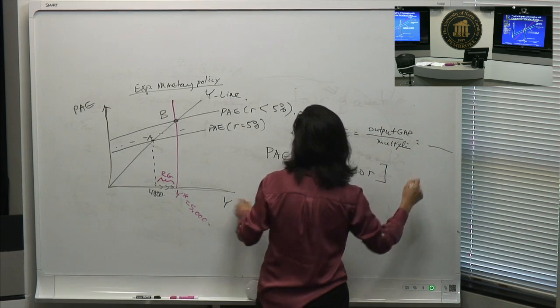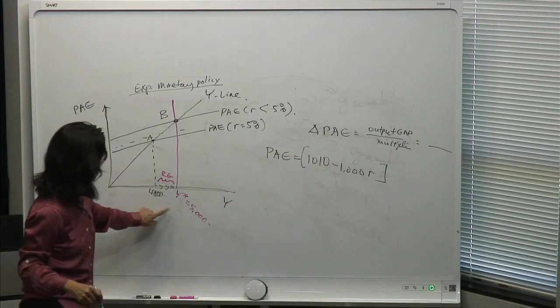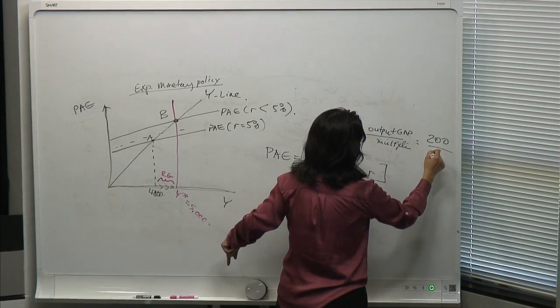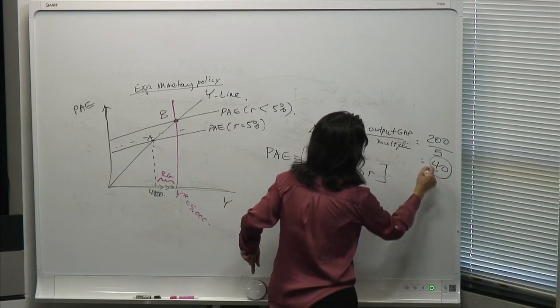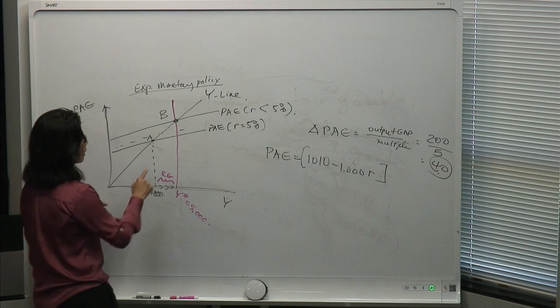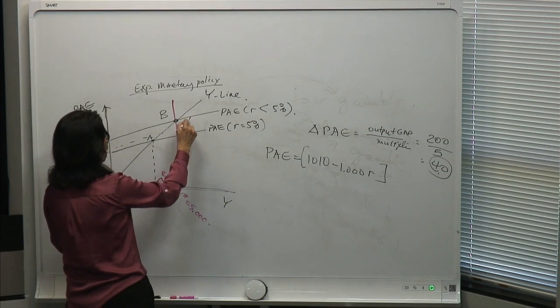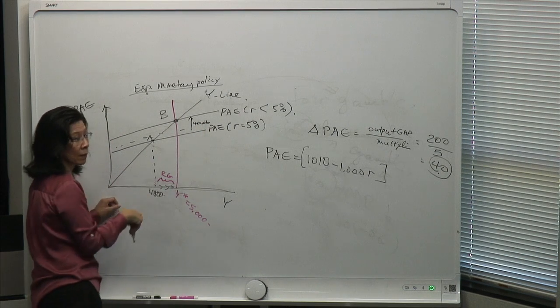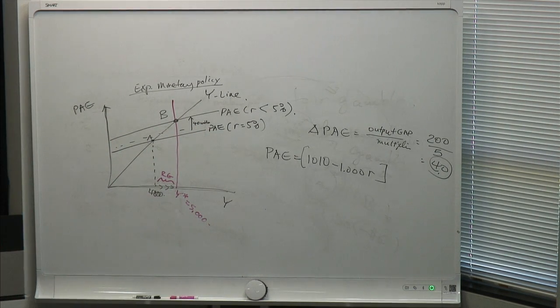Okay, the output gap we calculate that to be 200, correct? Everybody okay? So multiplier was 5, so 40. Okay? So, in other words, what this means is that the PAE line has to move up by 40 units. Okay? All right, very good.